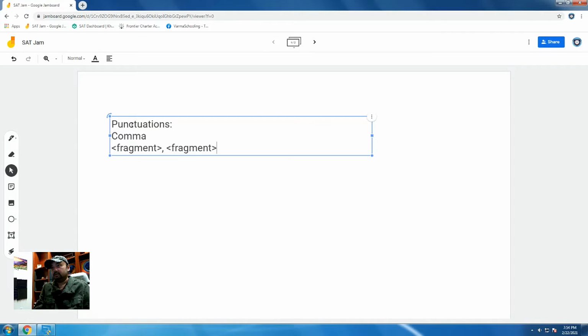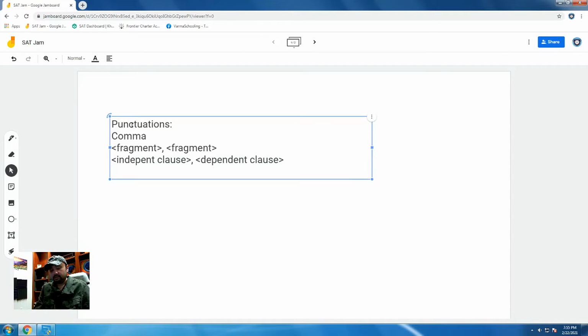So that's one possibility for a comma. It combines two fragments. Sometimes it can combine an independent clause and a dependent clause.